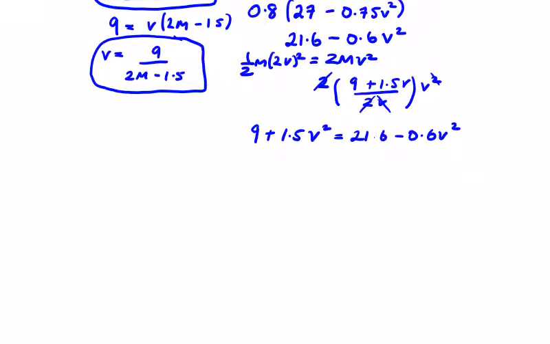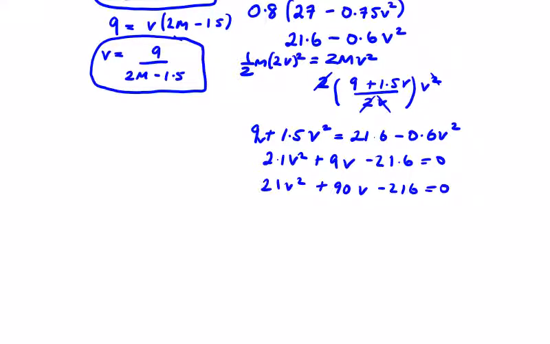If we bring the 0.6 across, we get 2.1v squared. I left out a v here, plus 9v minus 21.6 equals 0. Multiplying by 10, I get 21v squared plus 90v minus 216 is equal to 0. Okay, I'll divide by 3: 7v squared plus 30v minus 72 is equal to 0.